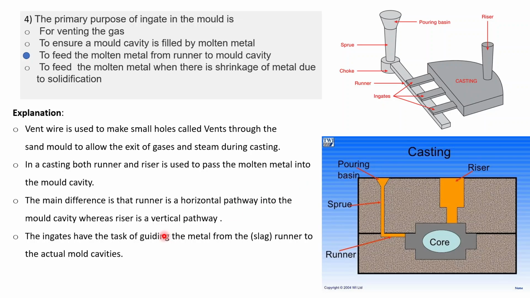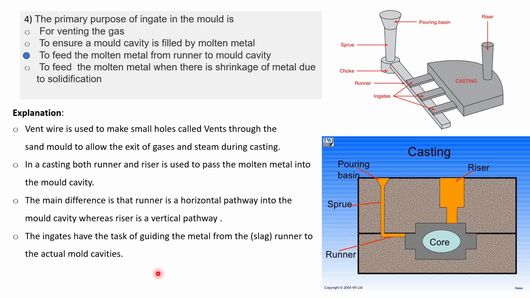Next is, in a casting, both runner and riser are used to pass the molten metal into the mold cavity. From your runner your molten metal will enter, and from riser your molten metal will finally, after filling the casting, come out. The main difference is that the runner is a horizontal pathway.